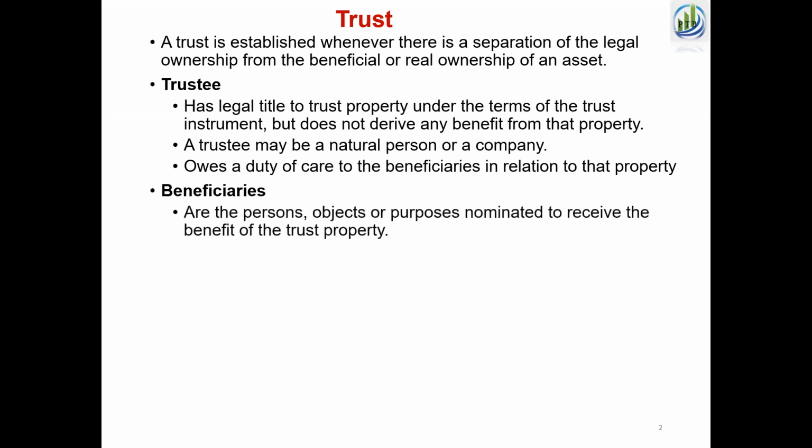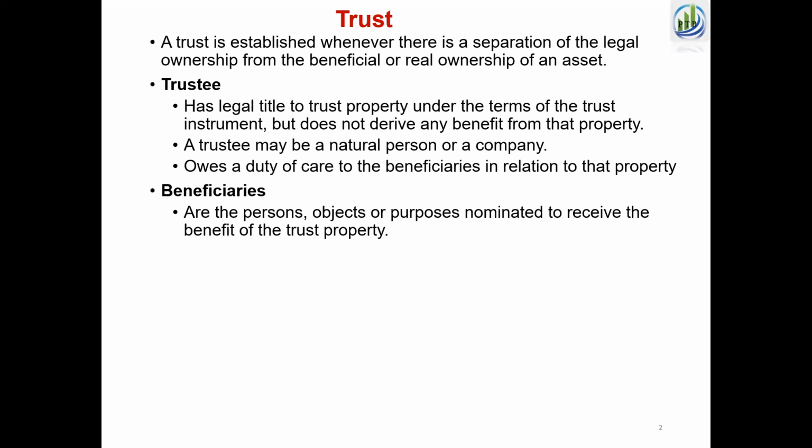So what the beneficiaries are going to do is receive the income from the trust. They are not owners of the property, right? They are not owners of the property, but they are entitled to receive the benefit from the trust net income. However, whenever the trust makes a loss, which we call a tax loss, that loss cannot be transferred to beneficiaries.